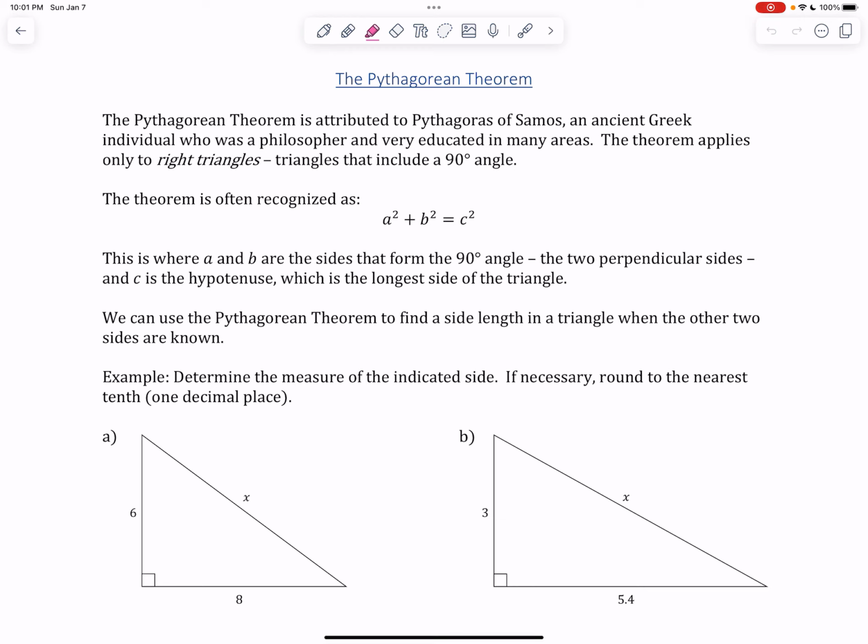And last one, C's right up here on the top. That's our hypotenuse. That's our longest side. So the other ones can be A and B. A squared plus B squared is equal to C squared. So 20 squared plus 20 squared is equal to X squared. And I put that into the calculator.